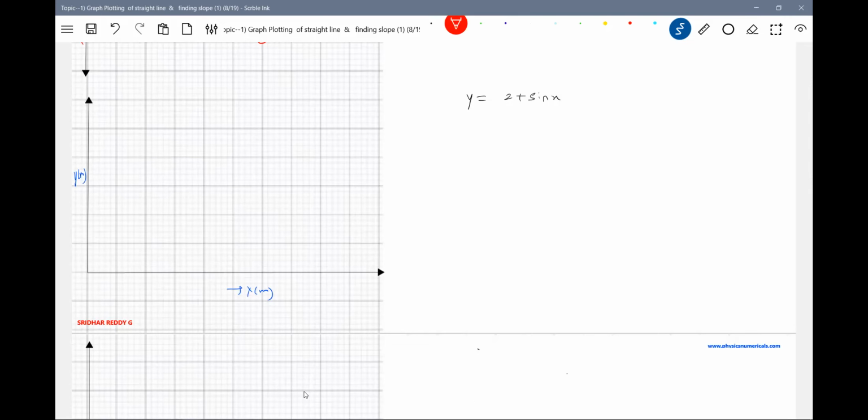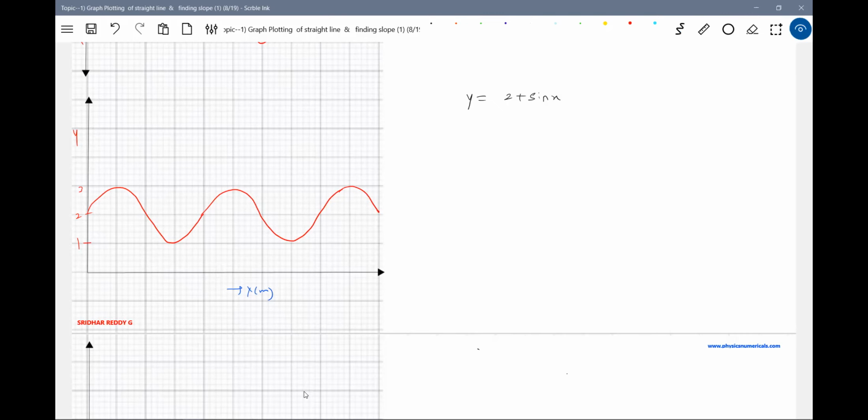It will be about the value of 2, it will fluctuate. 1, 2, this will take 3. Put x equals 0, y will be 2, and the maximum value is 3. So the curve will be about the value of 2, it will fluctuate.